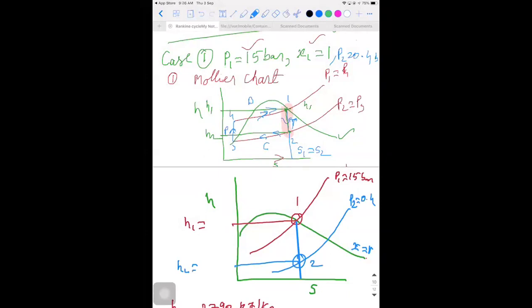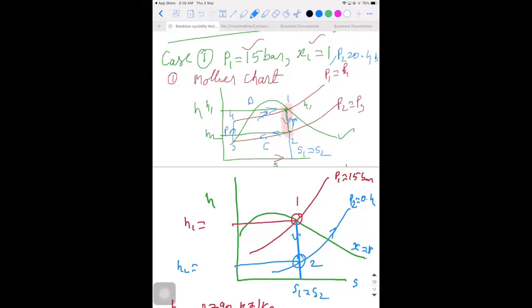The intersection of this isentropic line and this P2 pressure line is called state 2. And S1 is equal to S2.